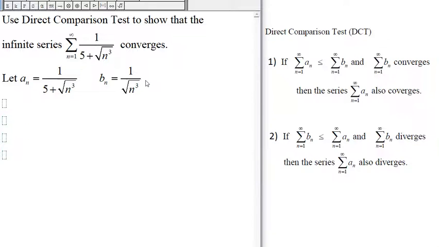And this also can be rewritten. This is the square root of n to the third, which can be rewritten with a rational exponent of 3 halves.